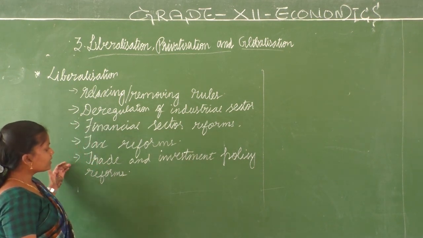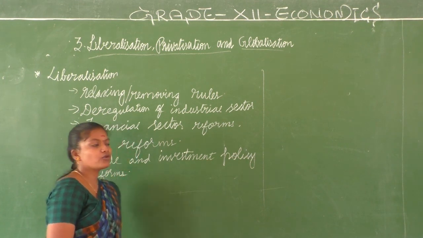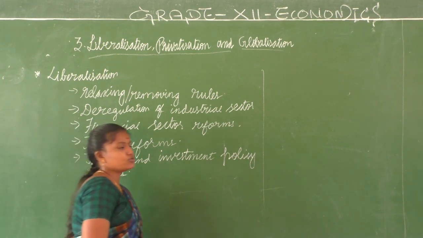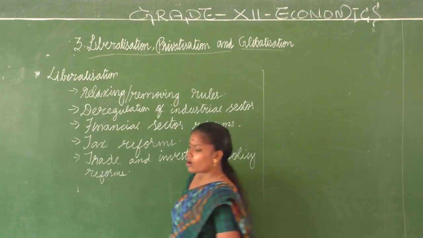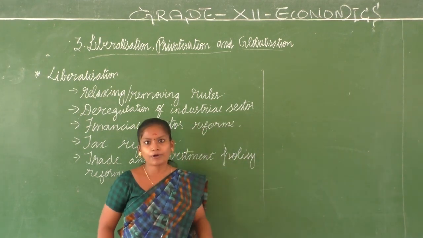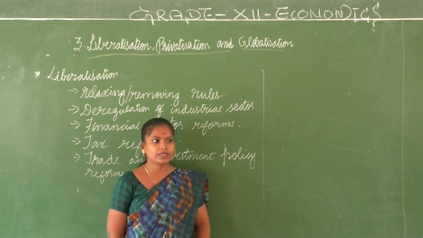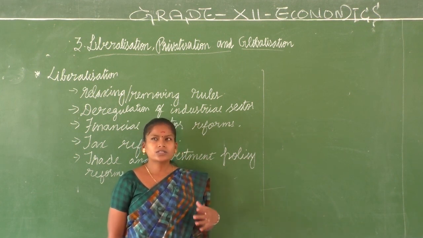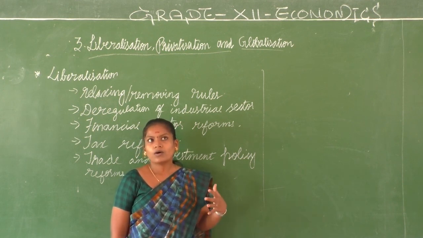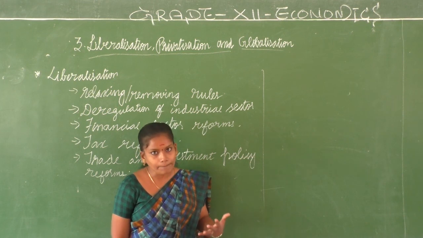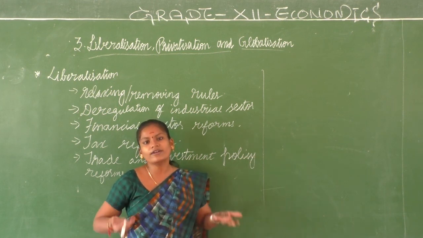Understood? Next we have the trade and investment policy reform. So we have this import substitution. There is a problem with import substitution. We should not import products from other countries. So when we buy only domestic goods, the domestic companies lost their competitive spirit and started producing whatever they wanted to produce.